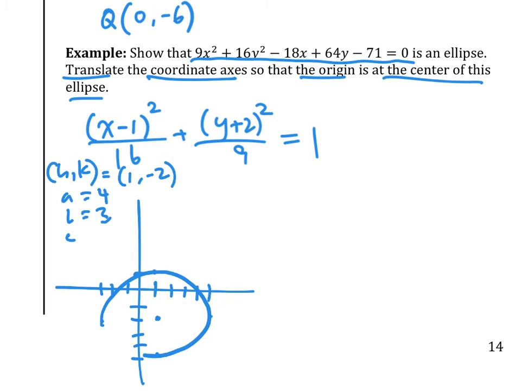All right, so this is my ellipse, and what they want us to do is move the origin so it goes through the center of the ellipse. The center of the ellipse is right here, so they want us to move the origin like so.